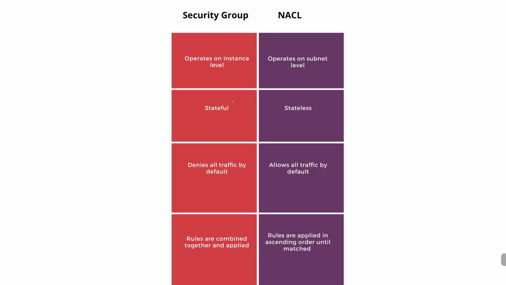The last one is how the rules are applied. In the security group, the rules are combined. Suppose we allow port number 22, then we allow port number 8080 for Jenkins, and we allow the port for HTTP, which is port 80.